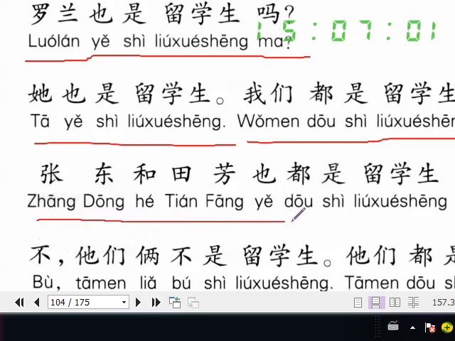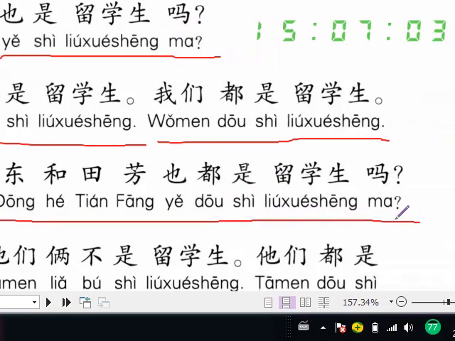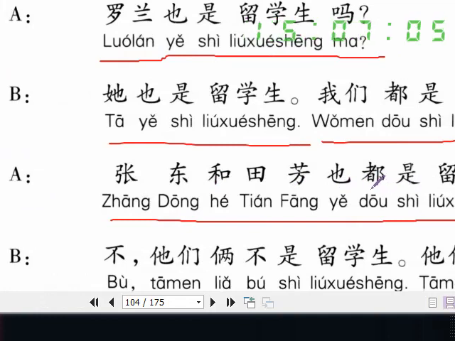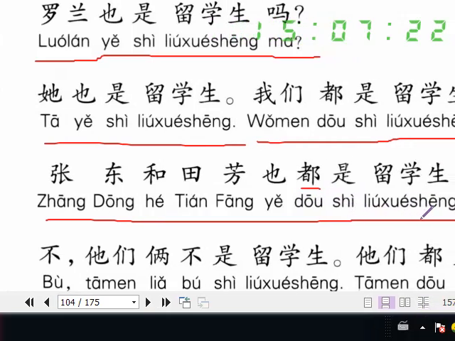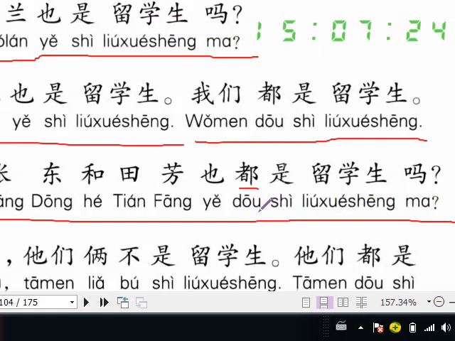张东和田芳也都是留学生。So Chinese though more than two people, maybe three people, two people is possible. 张东和田芳 are also overseas student.